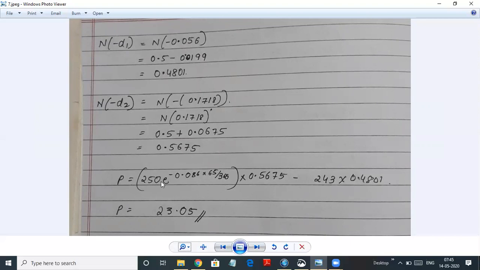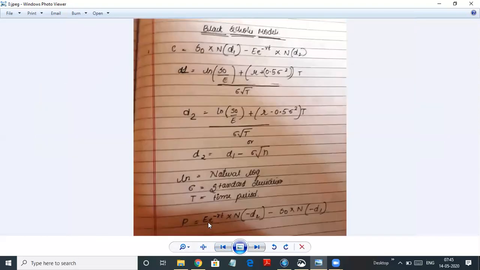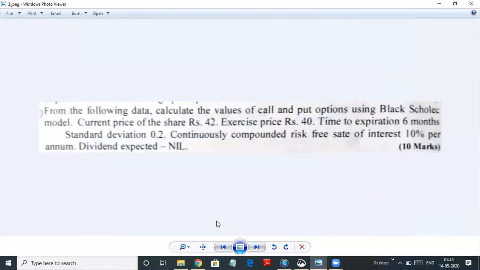So put option value would be 250. I'll show you the formula. See here, for call option we first take S naught and then take E value, exercise price. For put option it's opposite, we get E here, so it becomes plus, and S naught there, so it has become minus. So we take E first here, that's the exercise price.